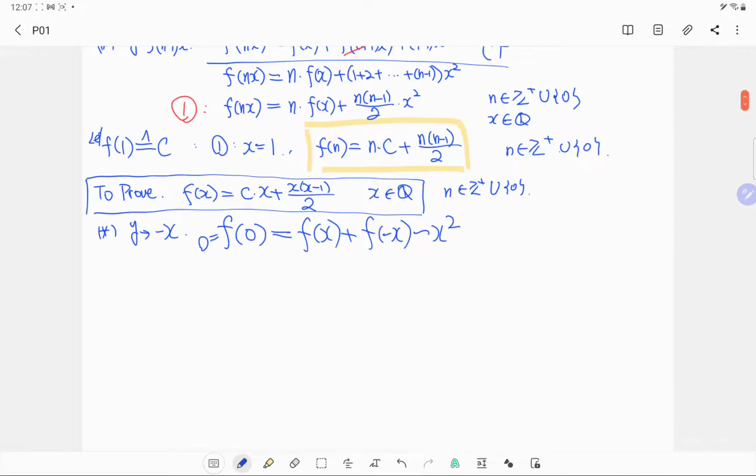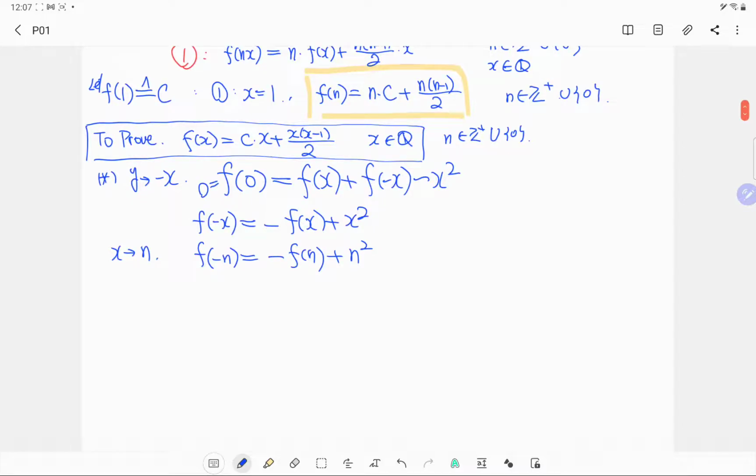So we have f of minus x is minus f of x plus x squared. For this one we can just change x to be n. So in this case, we have f of minus n is minus f of n plus n squared.